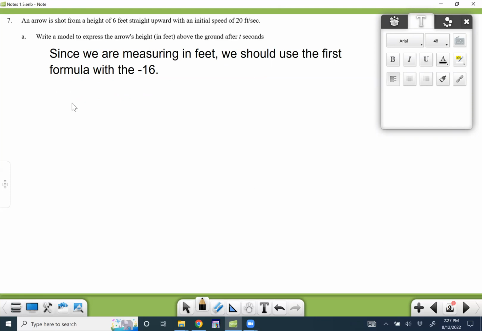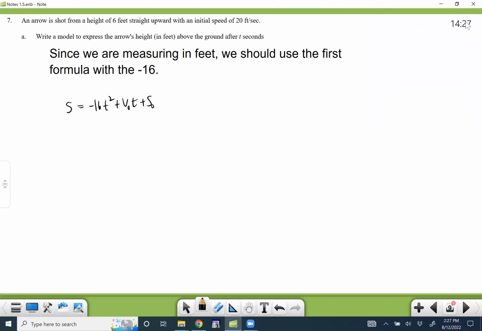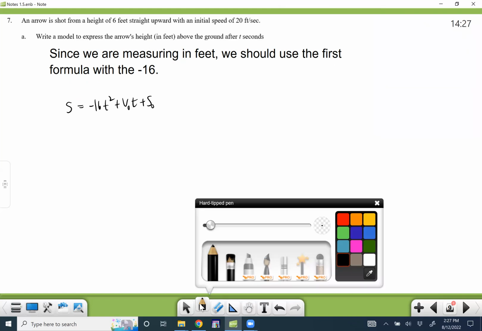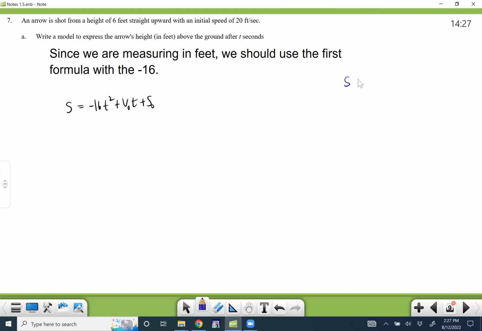So I'm going to use this one, s equals negative 16 t squared plus v naught t plus s naught. Now, let's talk about what each one of these variables stands for. S is going to stand for the height or position, whatever. In this class, it's best to think of it as position or height, at time t.